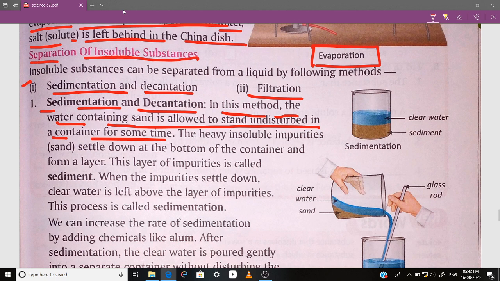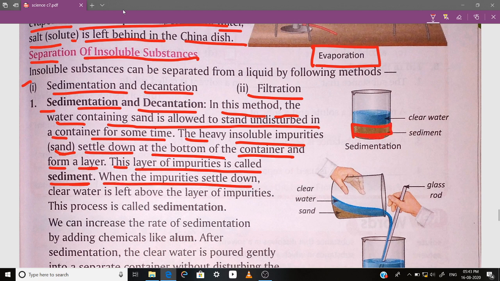All the sand particles settle at the bottom of the container. The heavy insoluble impurities, which is sand, settle down at the bottom and form a layer. This layer of impurities is called sediment.